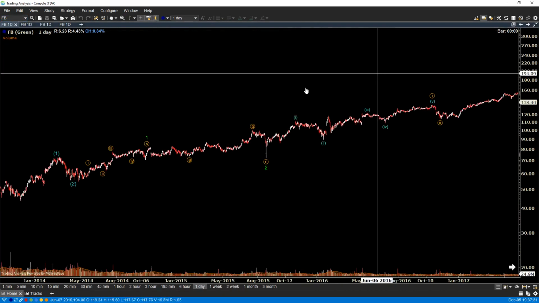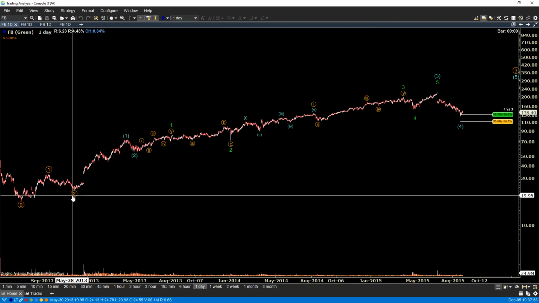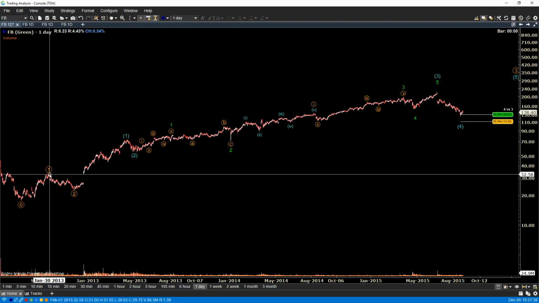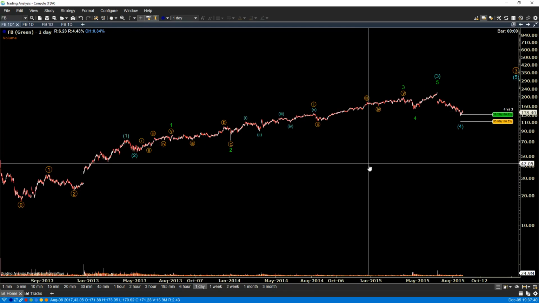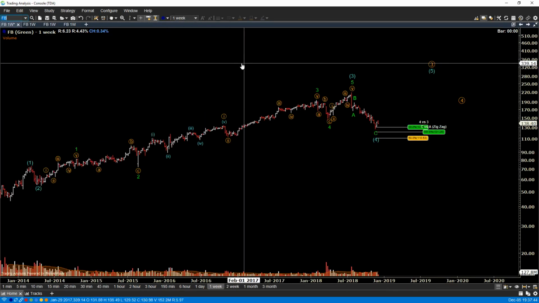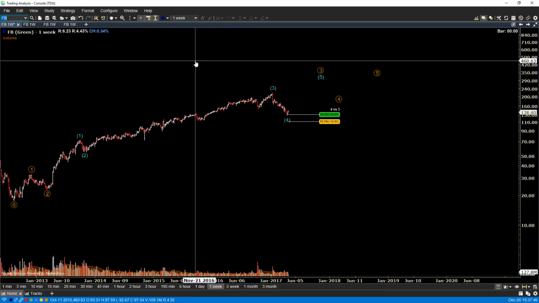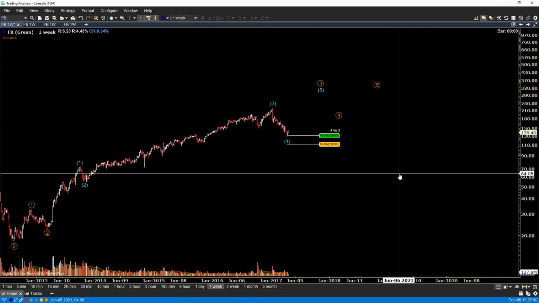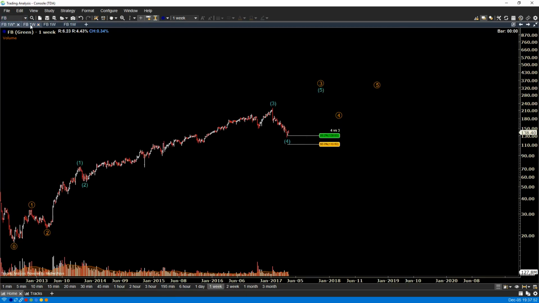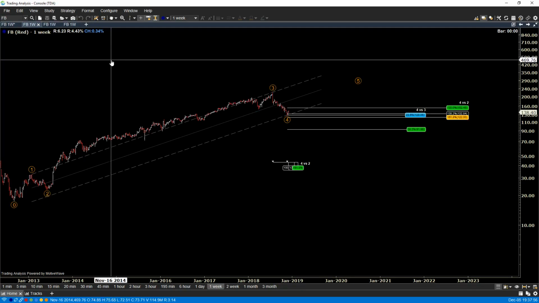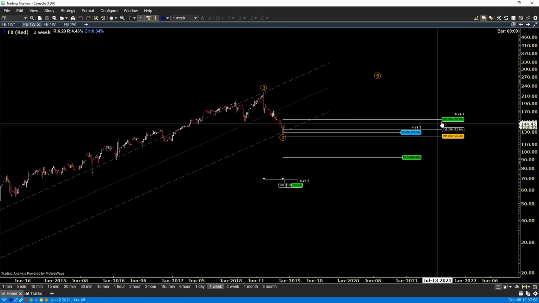Was it Facebook? Okay, so here's a wave 2, 61.8% retracement. Primary 1, primary 2. Getting over to the weekly. Talking about the 38.2% retracements, okay? Actually, we've got, here we go, an equality of 4 and 2.